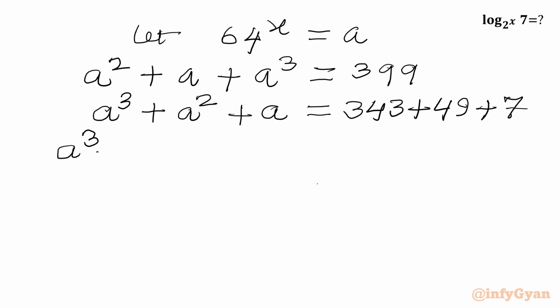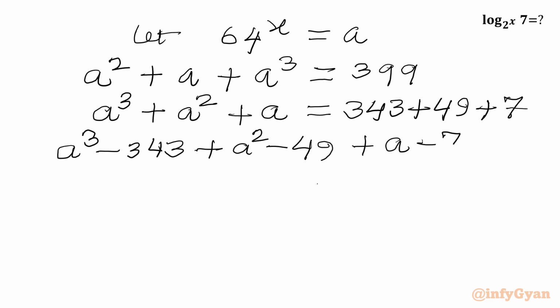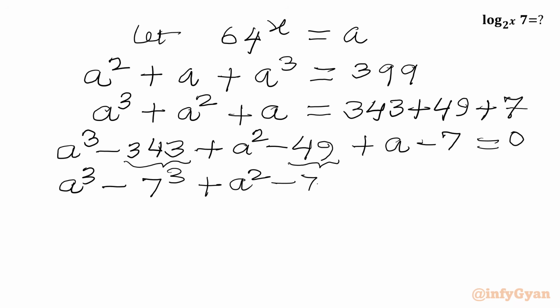A cube minus 343 plus a square minus 49 plus a minus 7 equal to 0. 343 is 7 cube, 49 is 7 square. So we can write a cube minus 7 cube plus a square minus 7 square plus a minus 7 equal to 0.